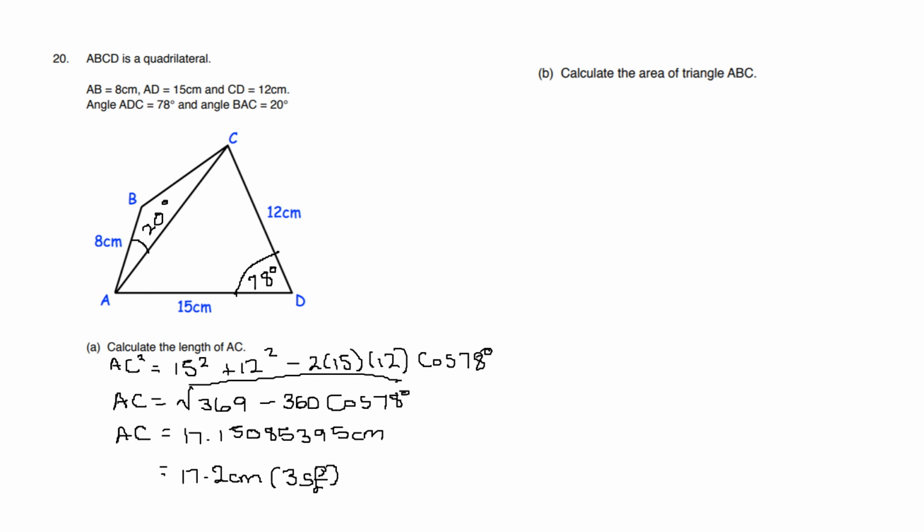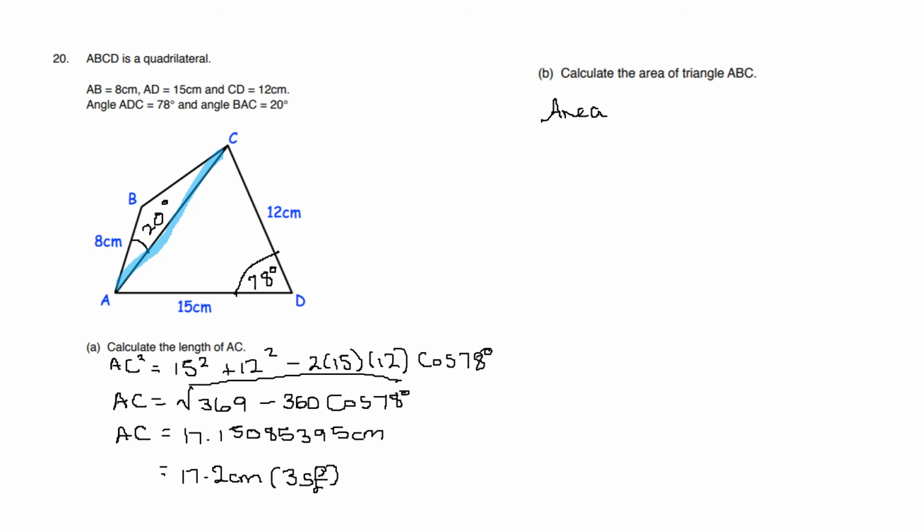Question B, calculate the area of the triangle ABC. So we now know the length of side AC. So again, we've got two sides and the enclosed angle, so we can use the sine rule for area.